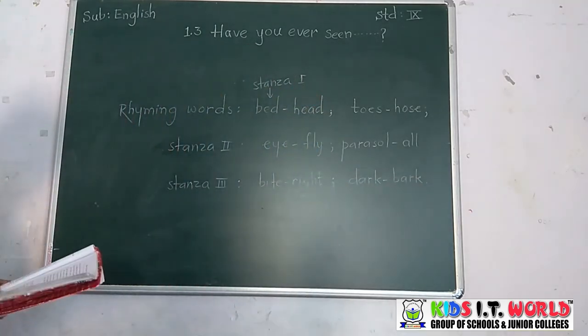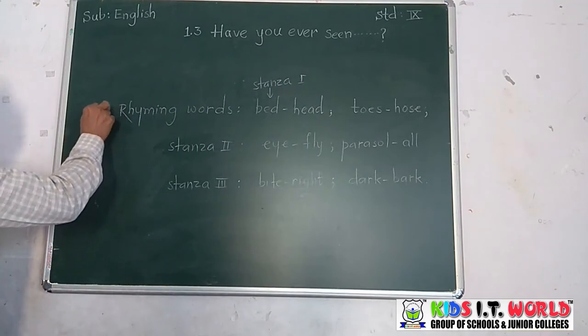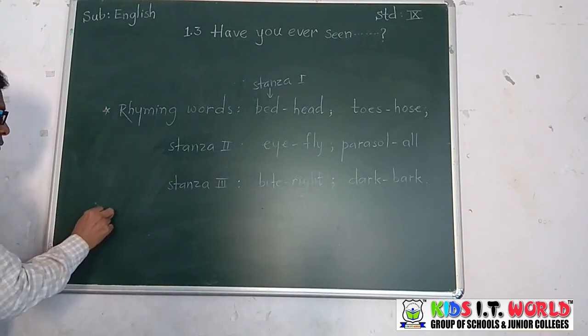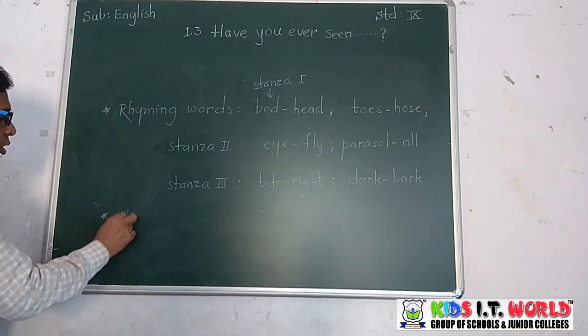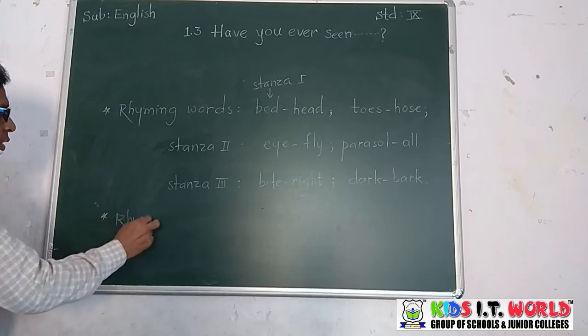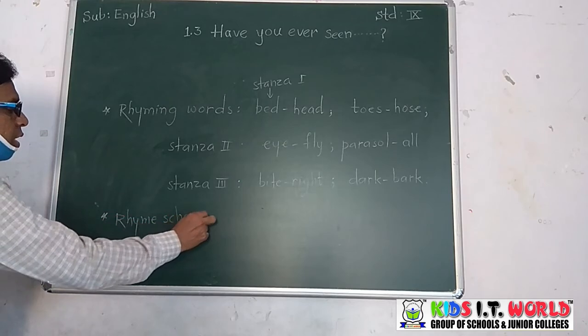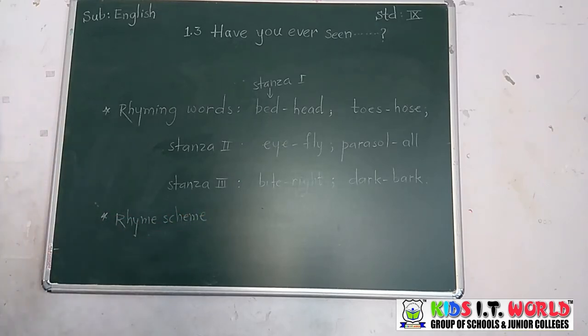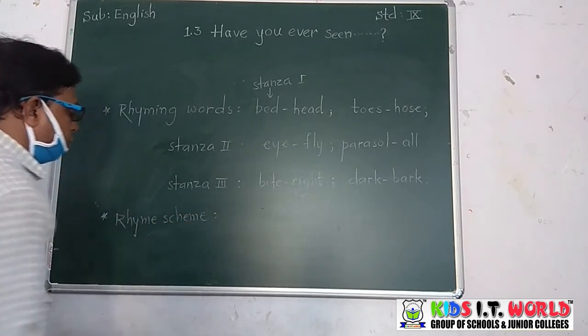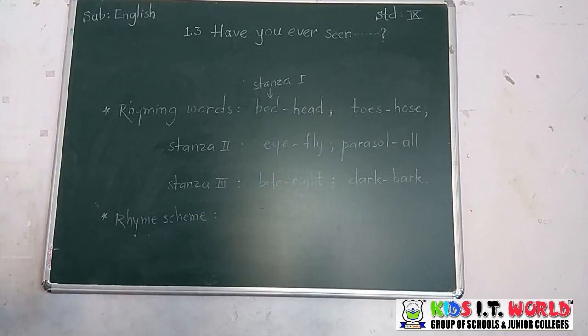Okay. Now the last point is the rhyme scheme of the poem. What is the rhyme scheme? For each stanza, it could be different.